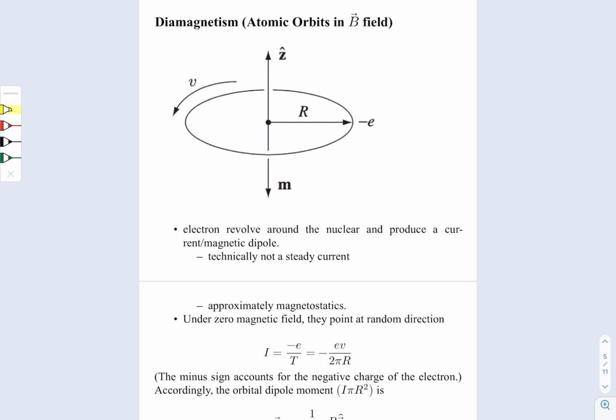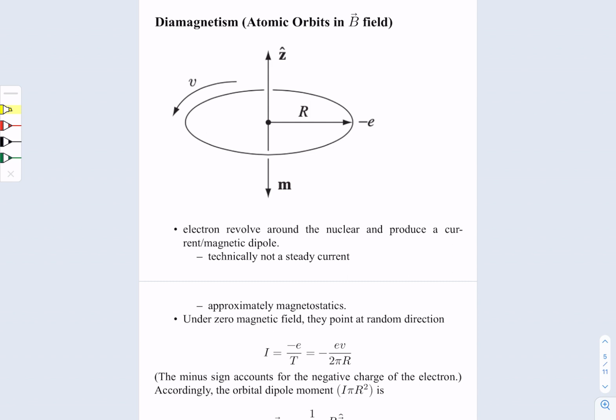So even though there is a tiny bit of alignment with the B field, this effect is almost negligible, and we don't consider it useful at all. So even though there are paramagnetic contributions in this problem, because the contribution is small, we can simply neglect the effect for now.